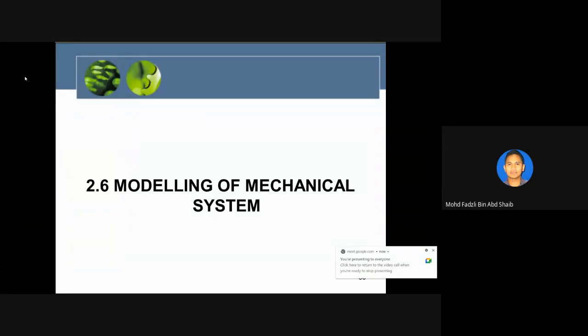Okay, we continue. Can you see the slide? Okay, modeling of mechanical system.